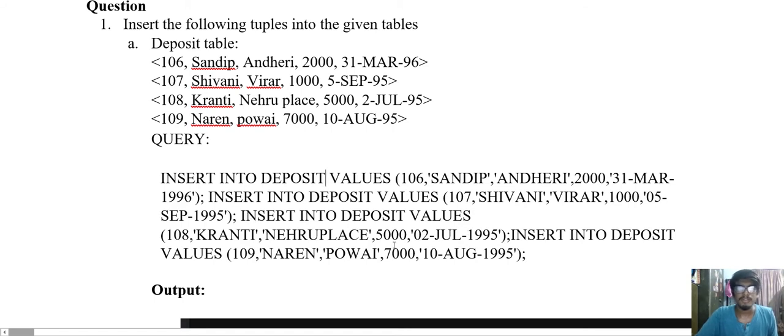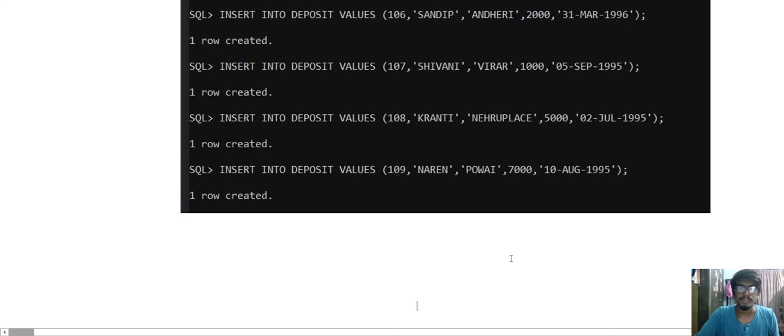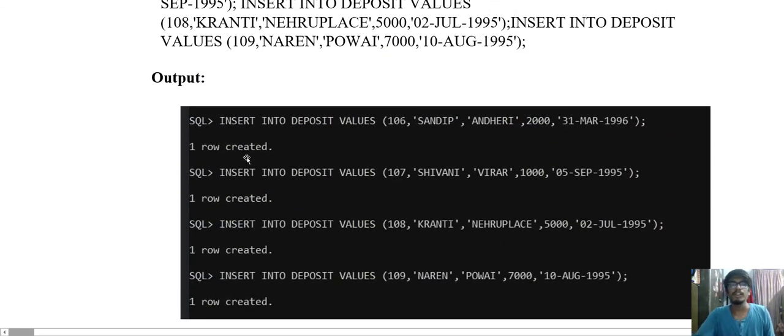Insert into deposit values of 108 Kranti Nehru Place branch 5000 rupees 2nd July 1995. Insert into deposit values of 109 Narayan Powai branch amount of 7000 10th August 1995. After executing these commands, if the rows have been created, the command has been executed successfully.